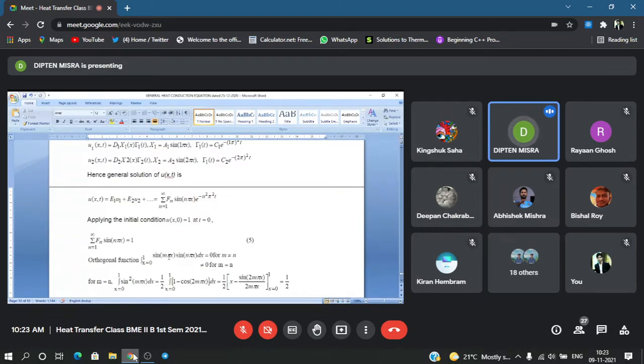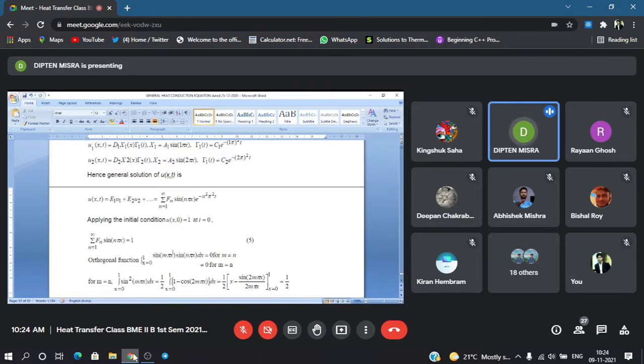Suppose one value of n is equal to m, another value of n is n. Now, if we multiply these two functions, both are orthogonal functions, generic and identical in nature. The only thing that is changing is the value of n. Here it may be 5, here it may be 6, another may be 8, it may be 1, like that.